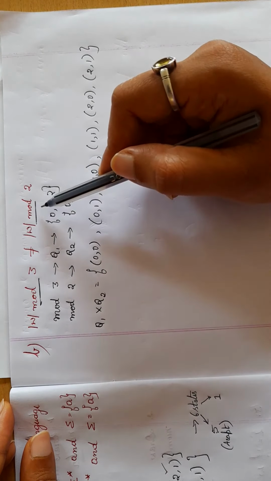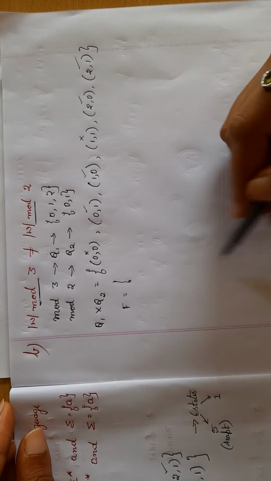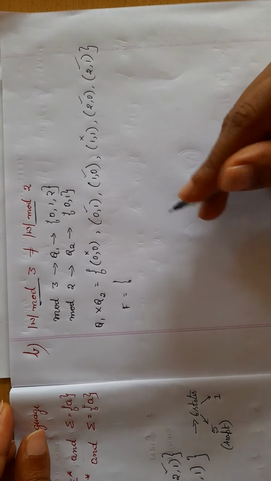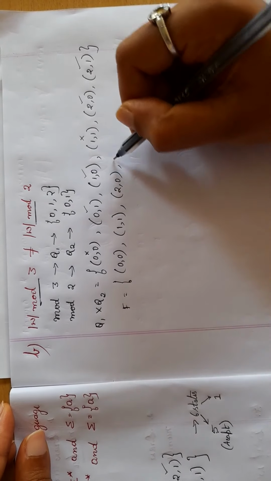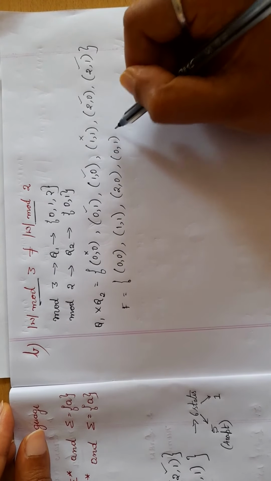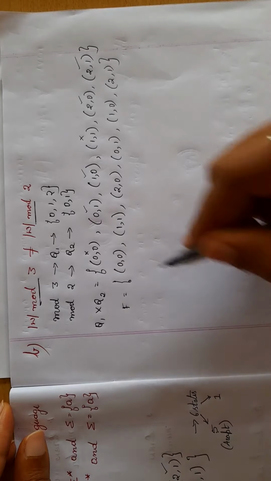So I have to rearrange this and write. So how to rearrange this? Like the previous problem itself, consider the different mod possibilities. While considering that, you will get the order as 0,0; 1,1; 2,0; 0,1; 1,0; and 2,1. So what is not accepted?